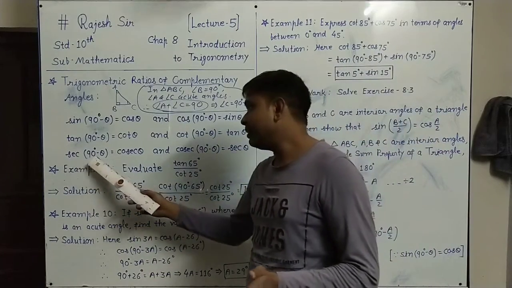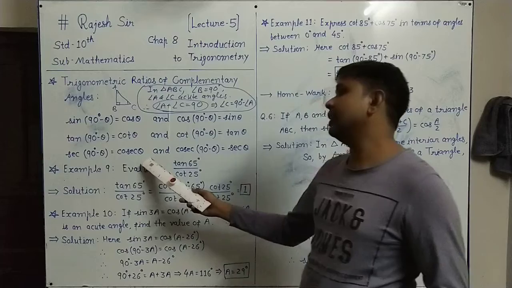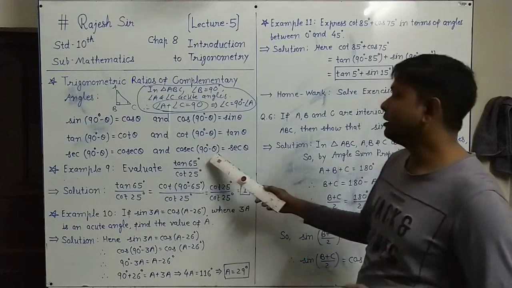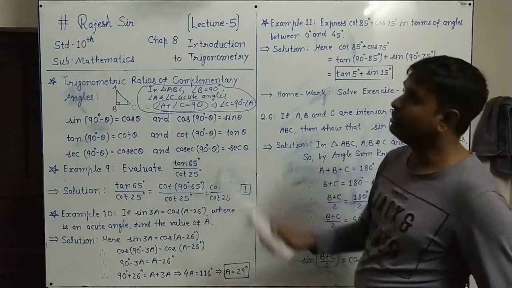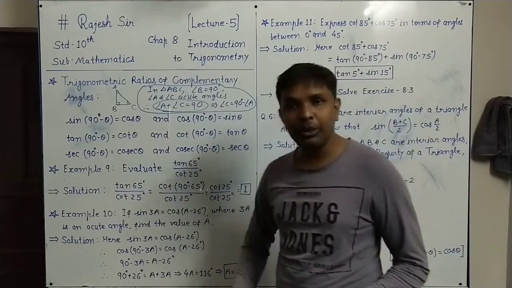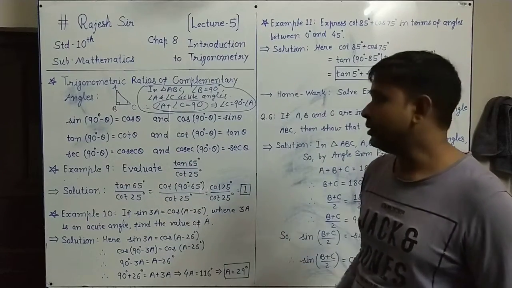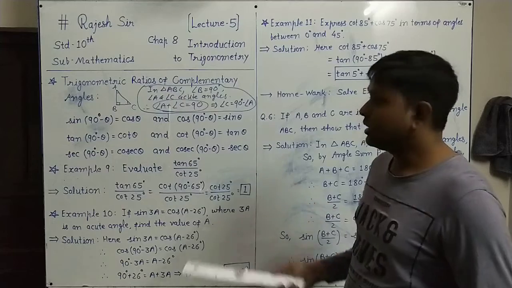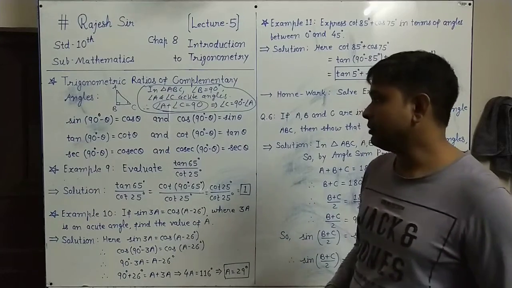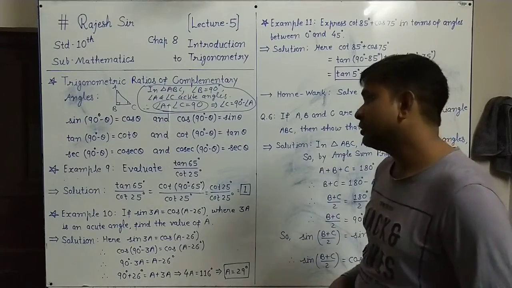And sec of 90 degrees minus theta equals cosec theta, and cosec of 90 degrees minus theta is sec theta. These are all the complementary angle trigonometric ratios and related formulas, and these six are useful in the coming examples. You will see how we can use them.